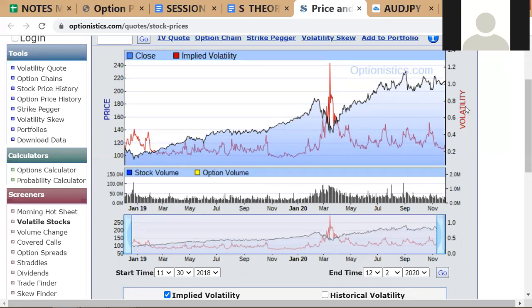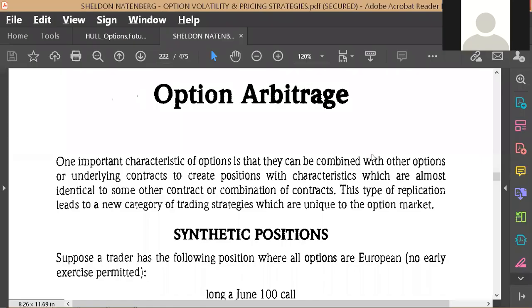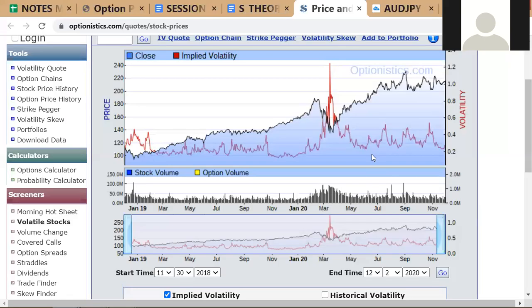So if you go back to your CME booklet, the CME booklet that I've shared with you, there are some positions where, if you're buying, you have to understand what you're doing. If you're buying both calls and puts, that means you don't have a view on the underlying asset. You have a view on the eyeball.